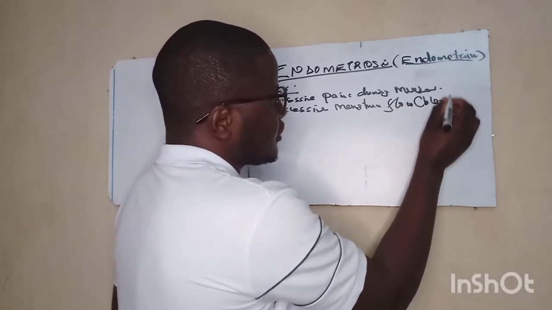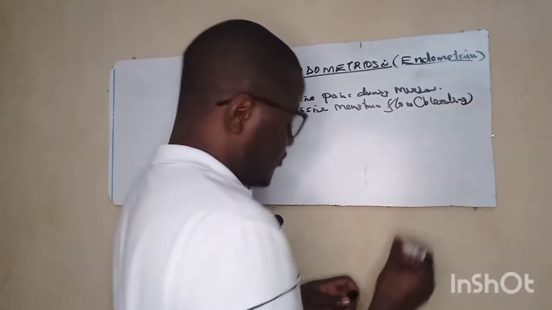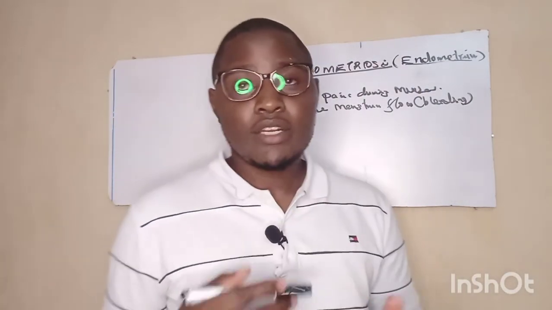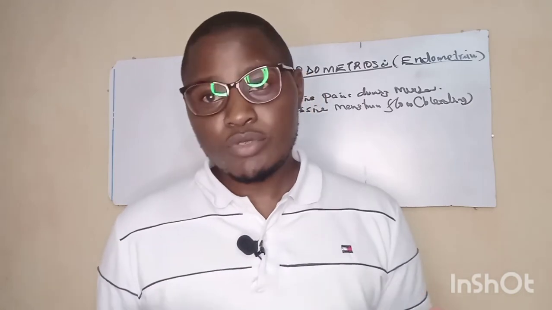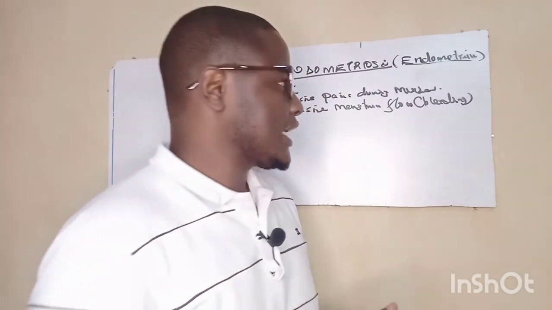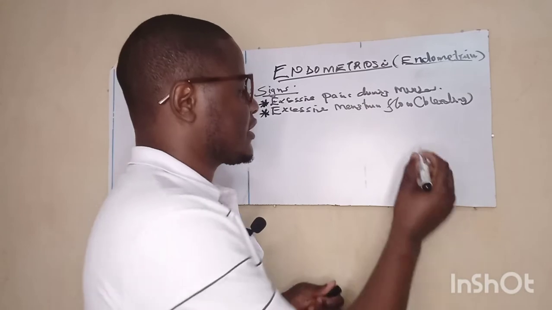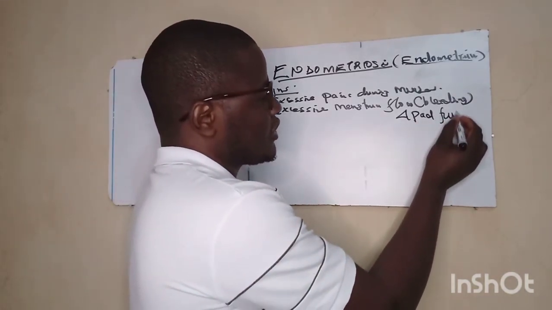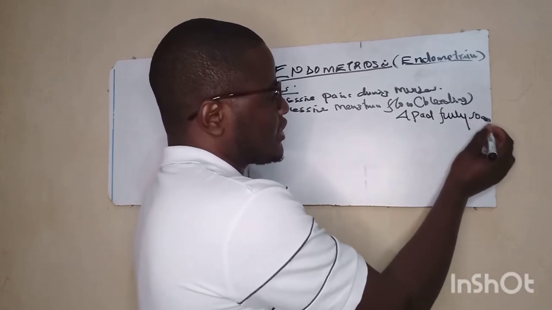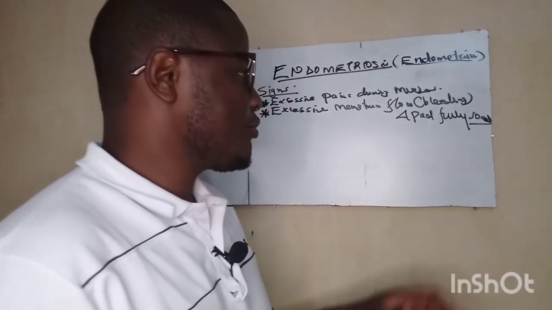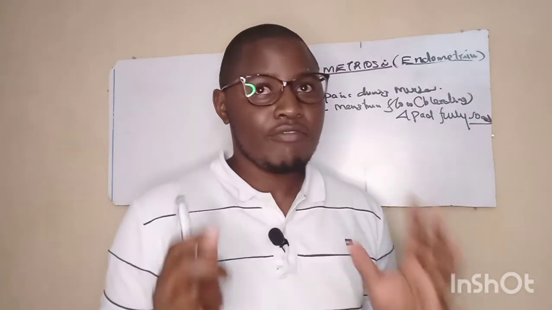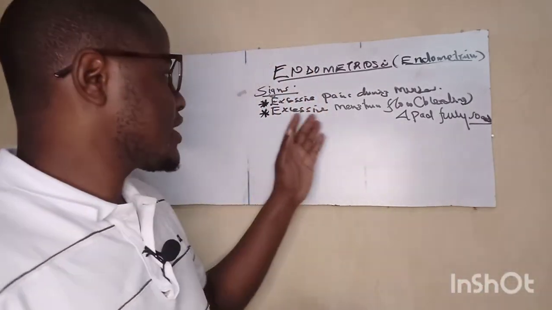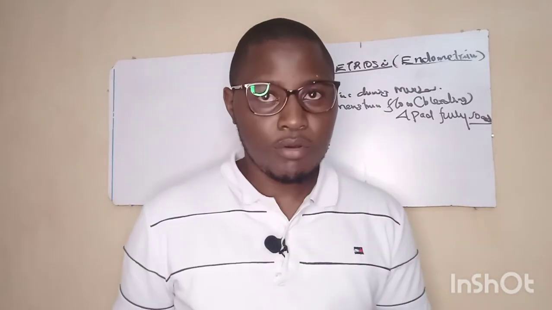In this case, what we're talking about with excessive menstrual flow is this: normally in your menses you are not supposed to bleed too much, and medically we say any bleeding that exceeds 4 pads that are fully soaked. So if you are experiencing your menses and you are using more than 4 pads that are fully soaked, that is what we term as excessive menstrual flow.